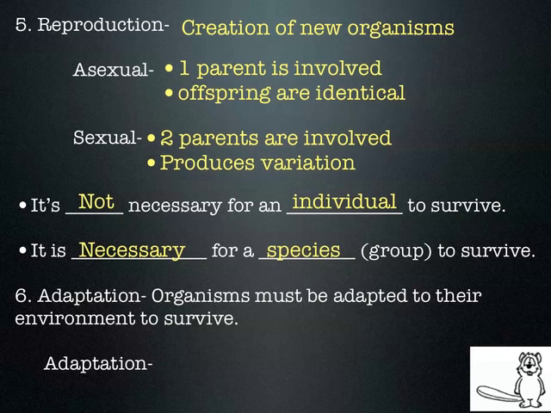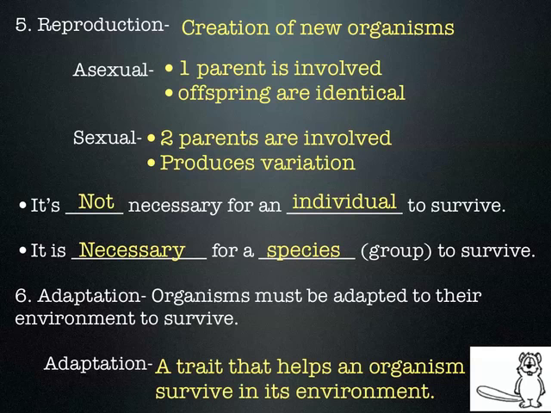Okay, and our last characteristic of life, adaptation. Now, you have to be very careful here. We're going to be talking about natural selection and evolution, but we say that living organisms are adapted to their environment, but we don't say living organisms adapt to their environment.